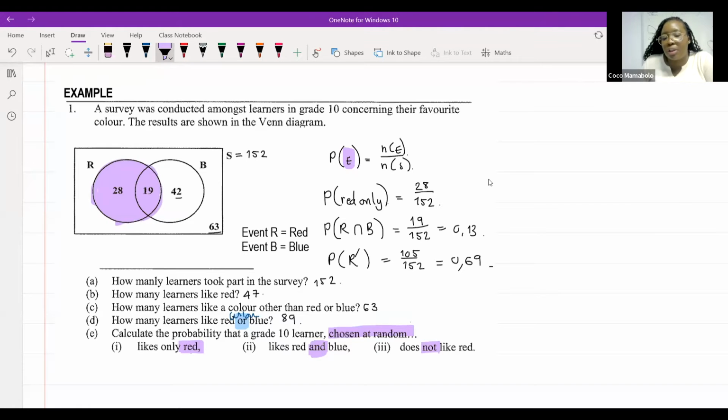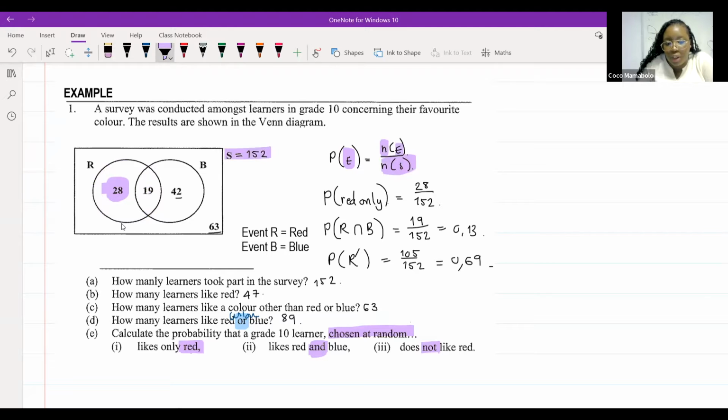We know how many kids like only red. That's 28. How many learners like only red? And the event is them liking red. So the number of events, or the size of the event, over the full sample size.